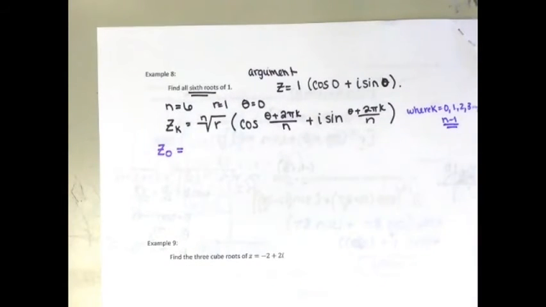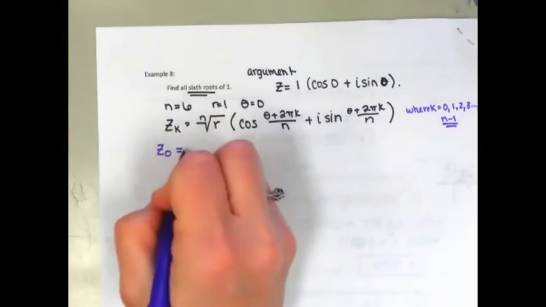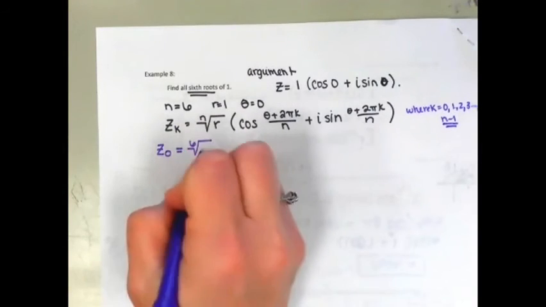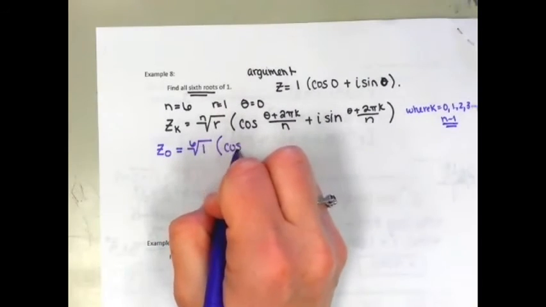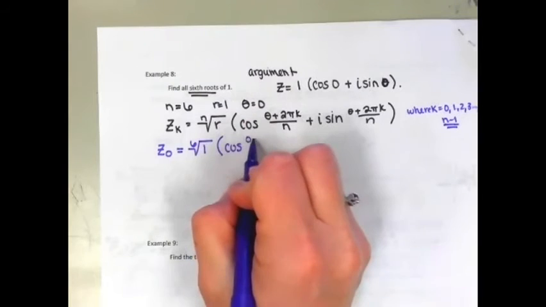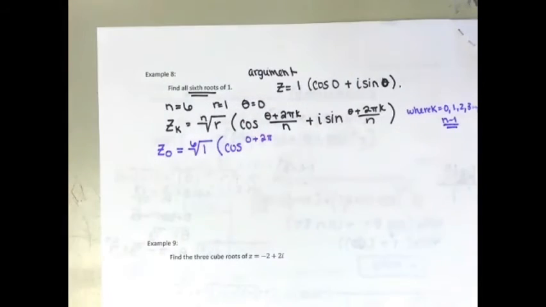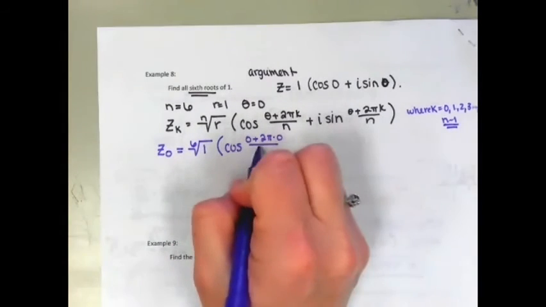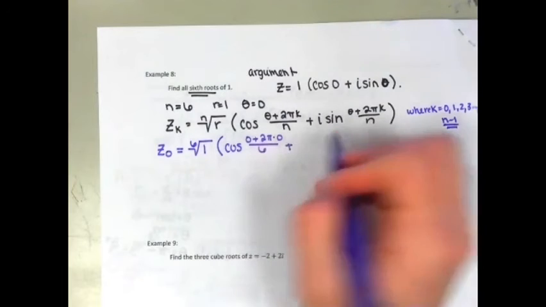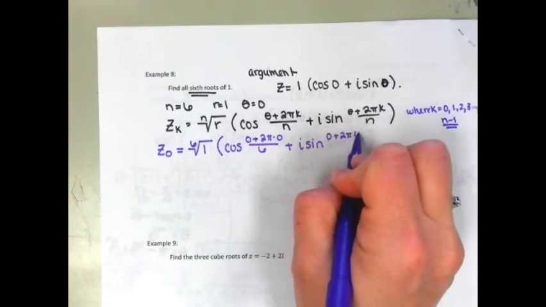We're going to take the 6th root of r, which is 1, times the cosine of theta, which is 0, plus 2 pi k. What's my first k? 0, divided by my n, which is 6, plus i sine of 0 plus 2 pi times 0 over 6.